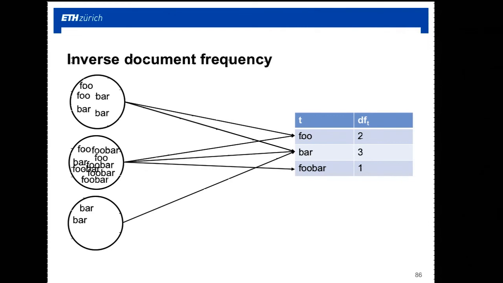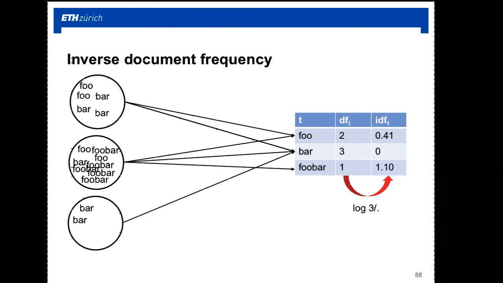So we take the inverse. The way we do that is we divide 3, the total number of documents, by this, and we also take the log, just to keep our sanity and not have it explode. So if I take the log of the total number of documents divided by this, I get this score, and we get exactly what we want.